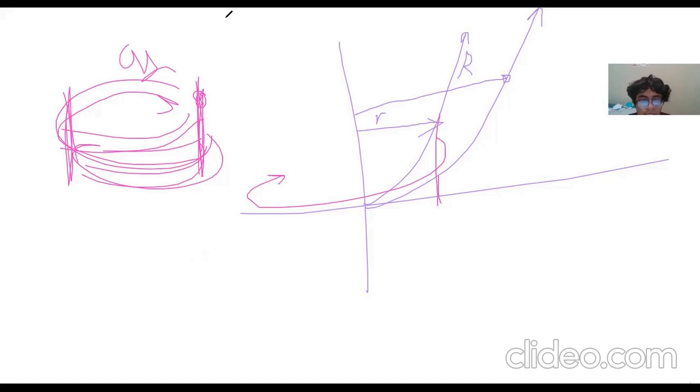Then how do we get the volume? It's the same idea. The volume is simply a collection of thin areas compressed together.